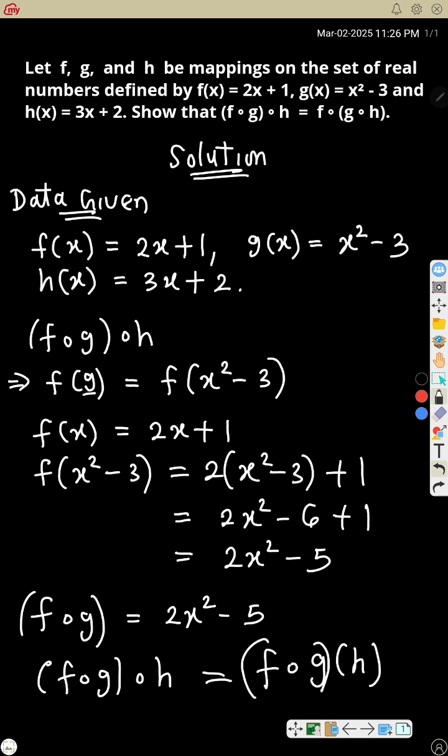So h will enter f of g, and take note, we already know f of g as 2x squared minus 5.